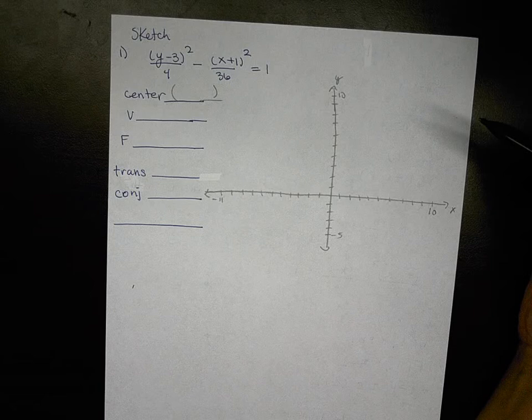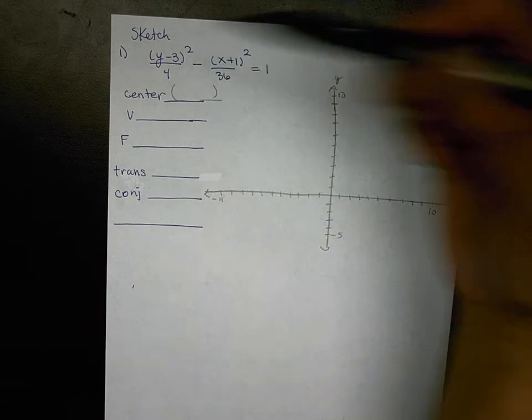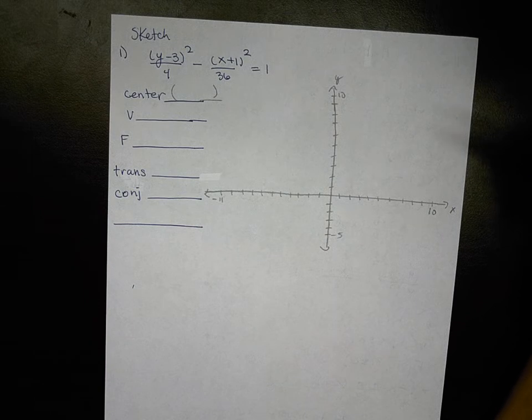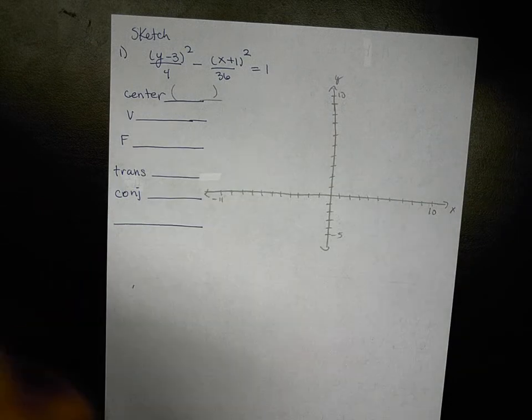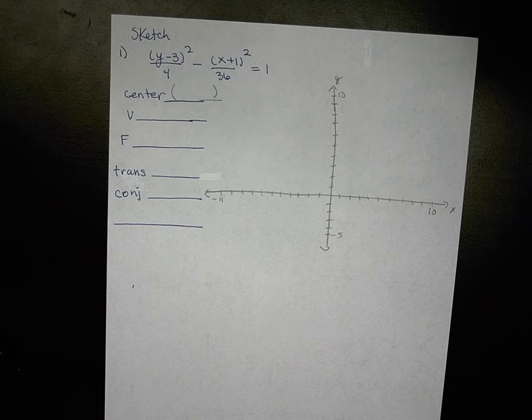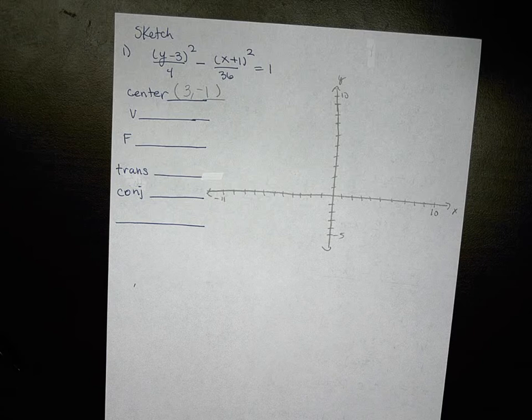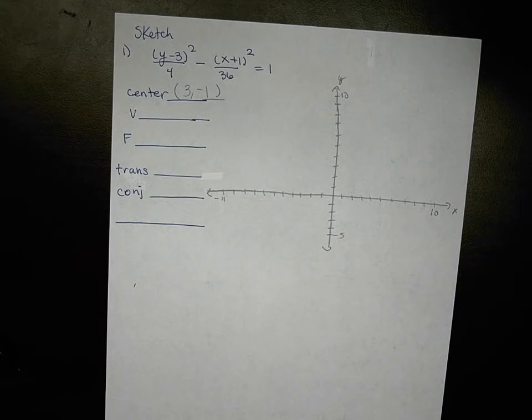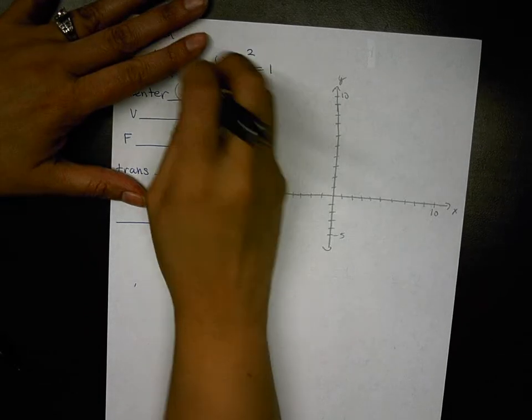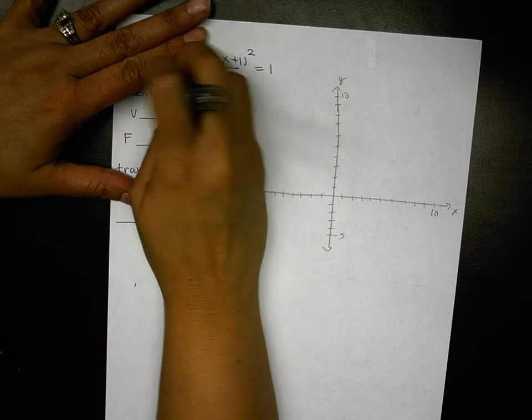Please do not do that to yourself. And it happens on the test where there's one like this, where if you mess up on the center, everything else is wrong. What's the most common mistake kids make on this one? This. Did anybody do that by accident? It's okay if you did. Anybody do it? Maybe? Okay, remember x goes with x, y goes with y.